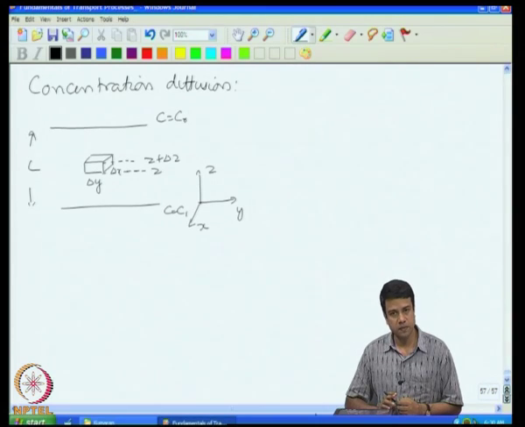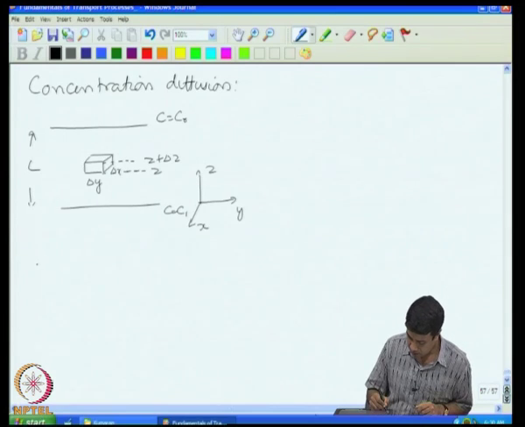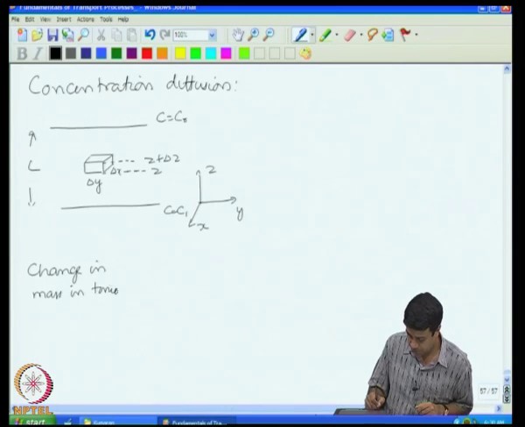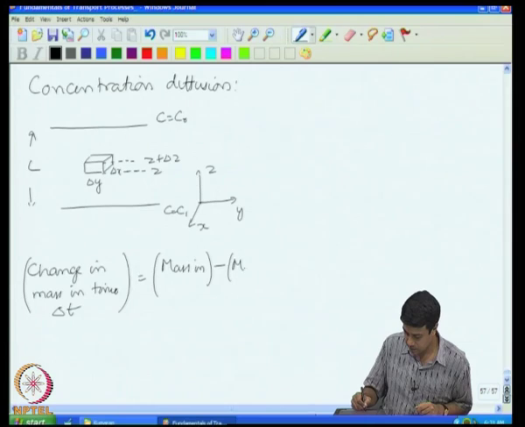The basic principle in this case is the mass conservation principle. That is, change in mass in time delta t is equal to mass in minus mass out.